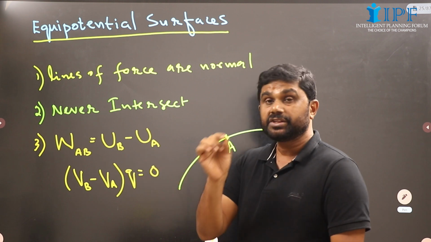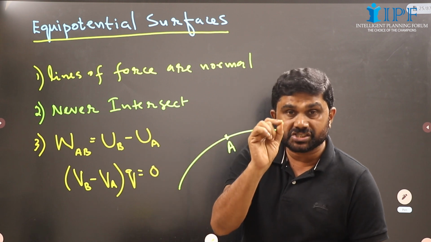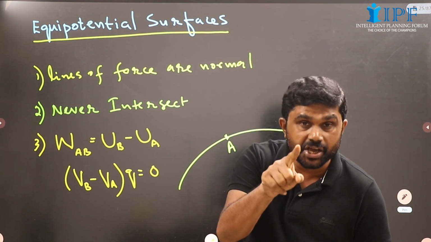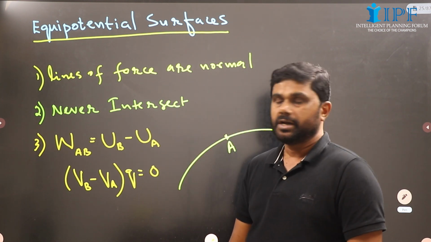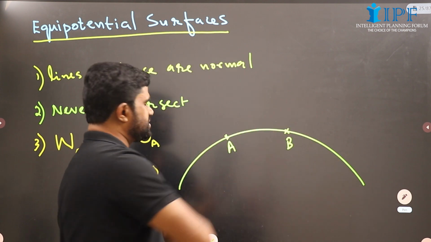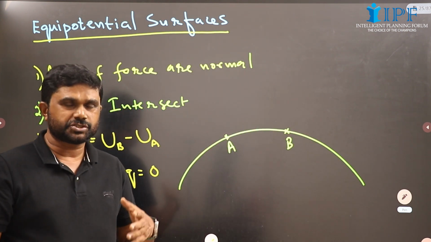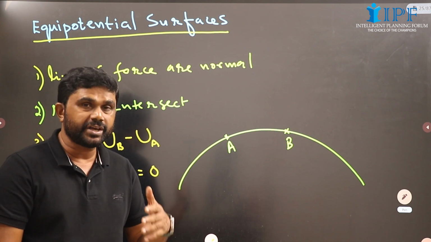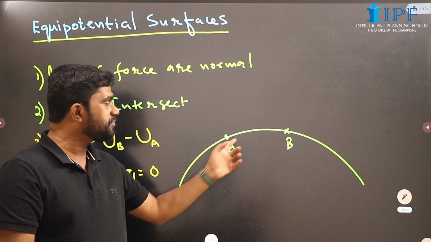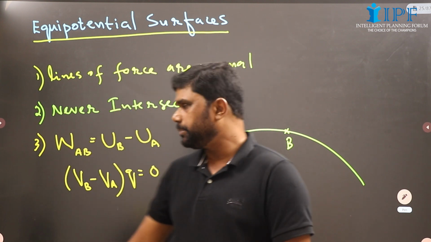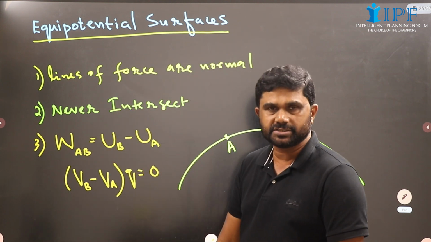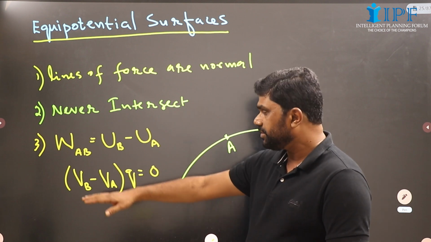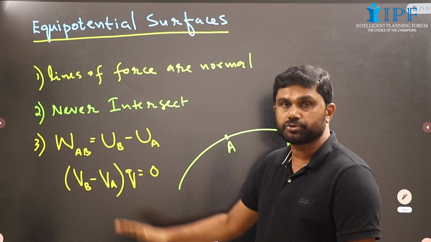And the work done in moving a charged particle between any 2 points on a given equipotential surface is 0. Suppose this is an equipotential surface and I have chosen 2 points on it. Work done in moving a charged particle between these 2 points, W, equals the change in potential energy, final potential energy minus initial potential energy, and that will be equal to change in potential times charge.